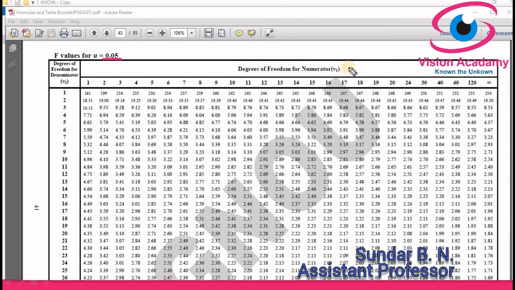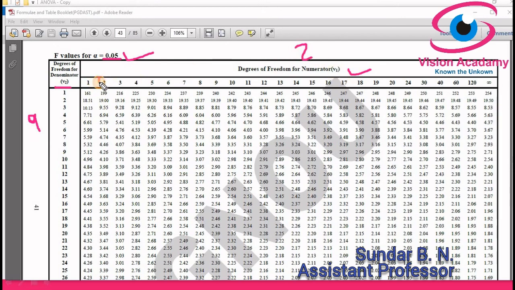As I told you, the numerator is V1, the denominator is V2. So the numerator value in our example is 2, and the denominator value in our example is 9. So that's very easy to locate in F distribution. It is not so difficult as you thought. To plot to the F distribution, we need three pieces of information, that's alpha, the significance level, and V1 and V2. V1 is 2 in this example.